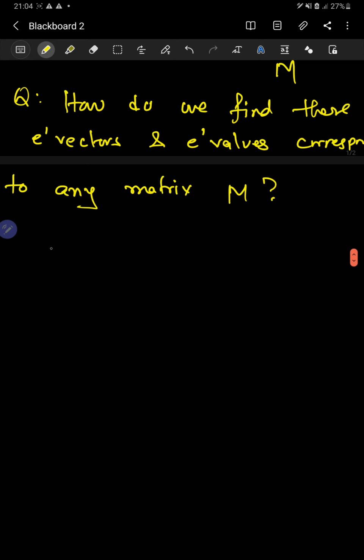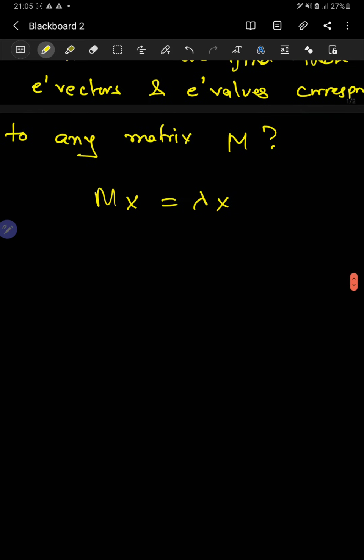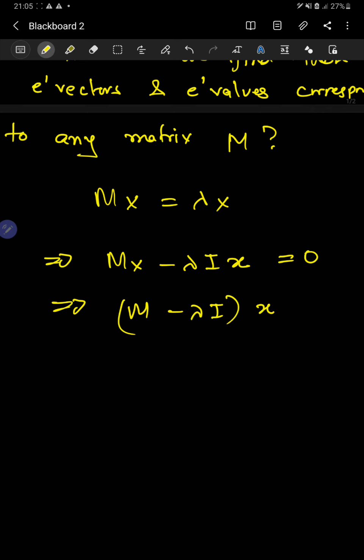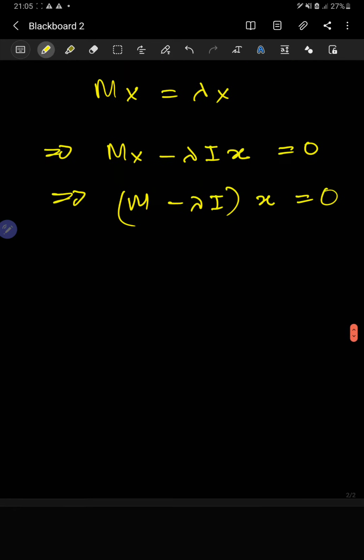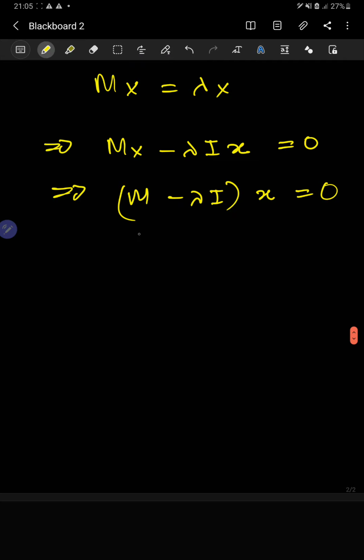So let's start with the equation: Mx equals lambda x. If we take the lambda to this side, we write it like this: (M minus lambda I) x equals 0. Note that this equation implies that either this is 0 or this is 0.